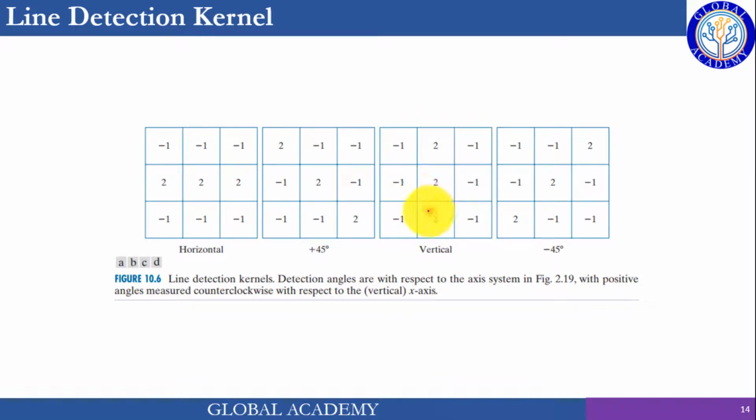So a bright line of pixels or a dark line of pixels. Purely we are talking about a line where intensity changes from black to white and then black, and similarly from white to black and then white. And similarly this kernel can help in detecting lines at an angle of 45 degrees, and this one for minus 45 degrees.